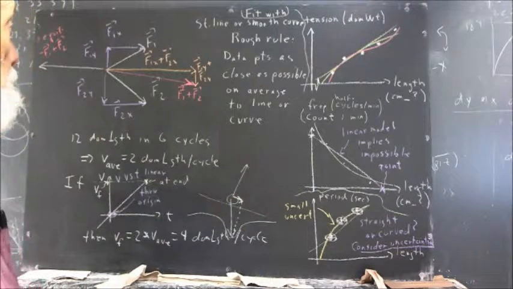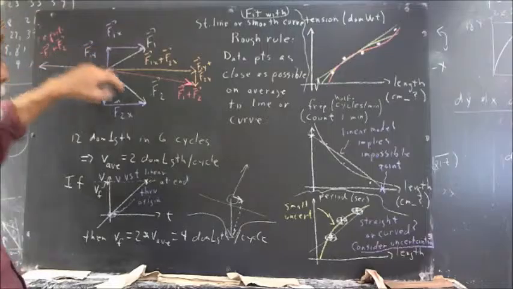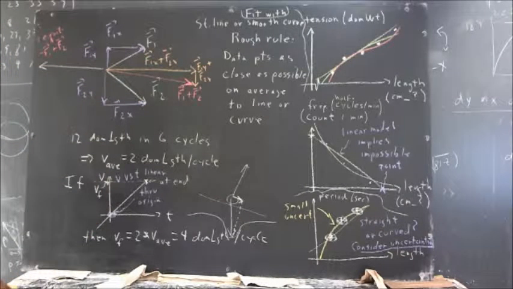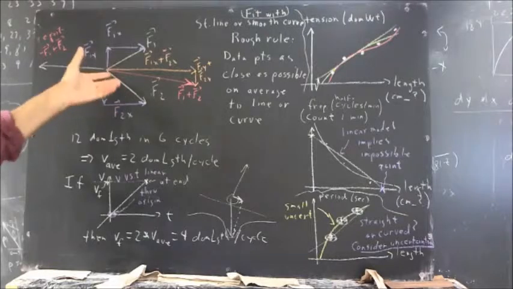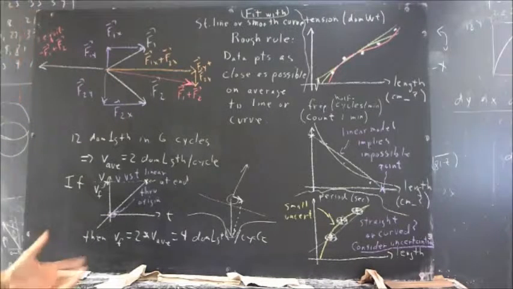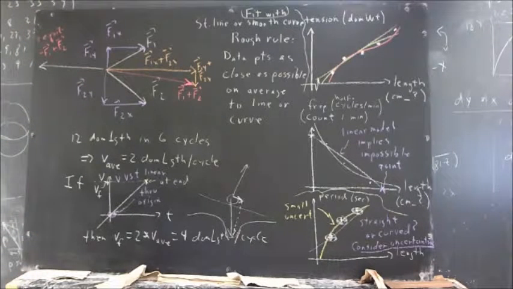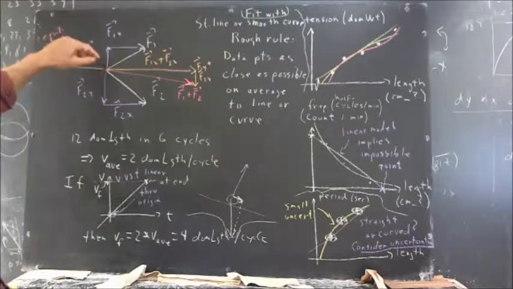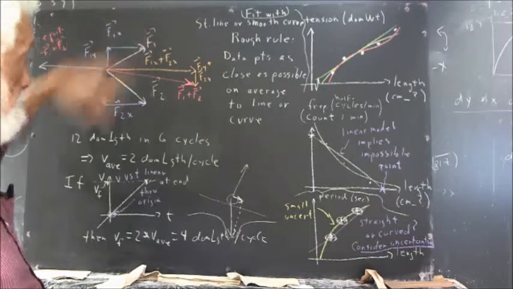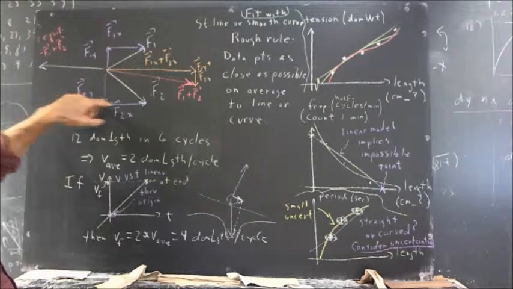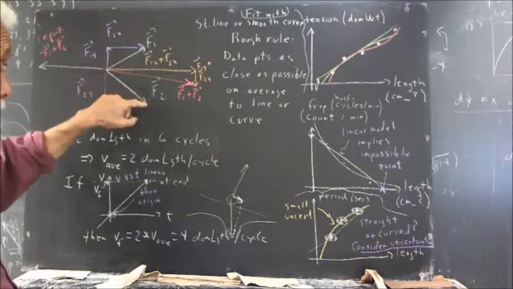So if you do that for two rubber bands, you could get a force F1 and a force F2. If you have the force F1 and the force F2, well, everybody in here's had statics and resolved plenty of vectors. I don't have to tell you much about that. You have F1 y component, F1 x component that add up to F1, F2 y component, F2 x component that add up to F2.